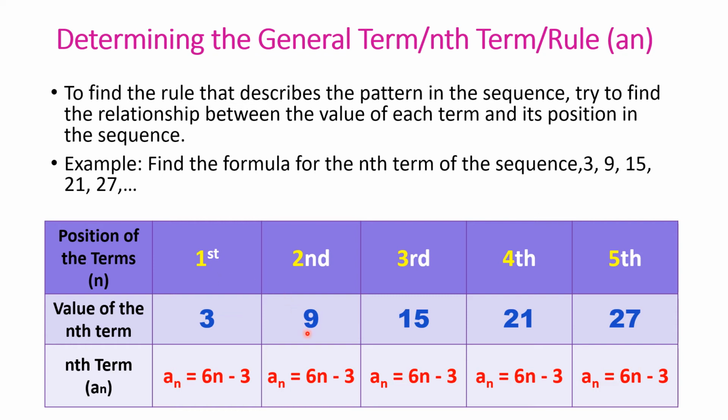Yung 9, ang second term, so isusulat mo ay second or 2. Yung 15 ay third term, so isusulat mo ay third or 3. Si 21, ang ating pang-apat na term or fourth, so isusulat mo ay fourth or 4. At si 27 naman ang fifth term or pang-lima, so isusulat mo ay fifth or 5.